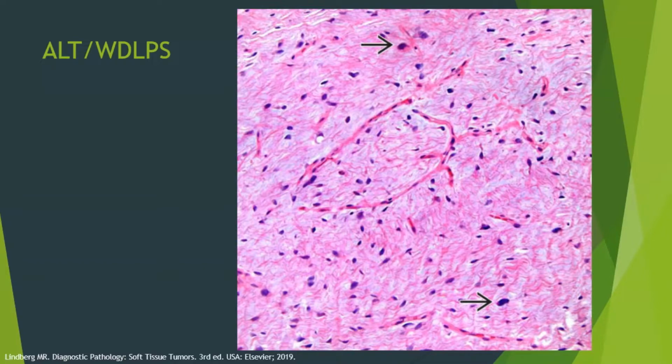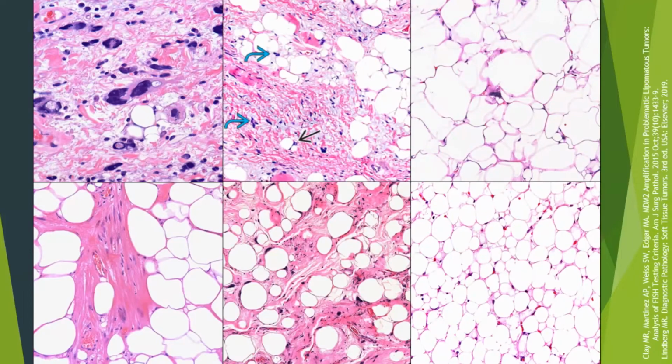Also needing molecular testing would be mimics of atypical lipomatous tumor, well-differentiated liposarcoma. So here's a test. Of these 6 cases, how many of these is or are atypical lipomatous tumor, well-differentiated liposarcoma?